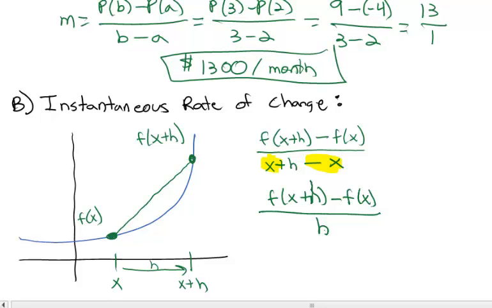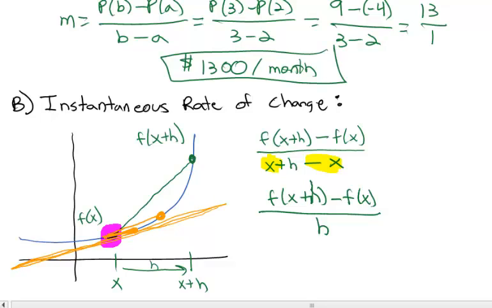That's the average rate of change between x and x plus h. But we want to know the instantaneous rate of change. We want to know how it's changing right at that point f of x. And so the idea is we shrink the size of h. So if we shrink h down to here, we get this line, which is a little bit closer to how it's changing. And we shrink h a little bit more, we get this line, which is a little bit closer to how it's changing. And we're going to shrink h all the way down until h doesn't exist at all.